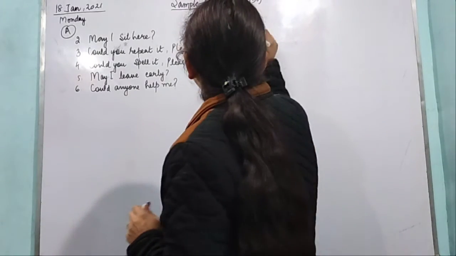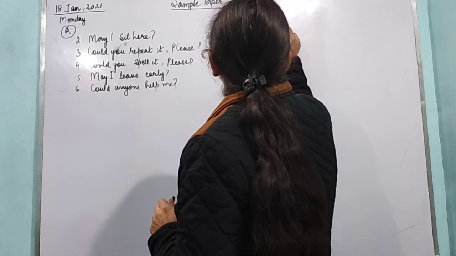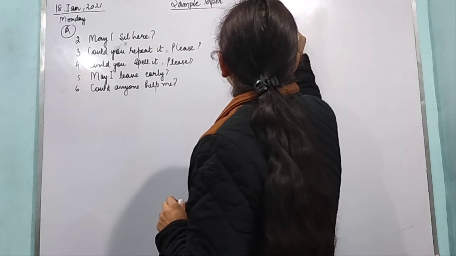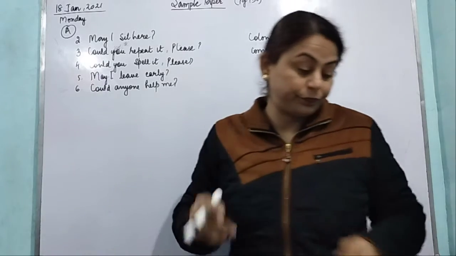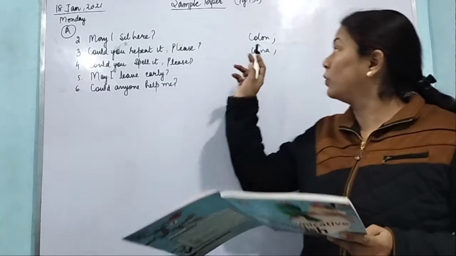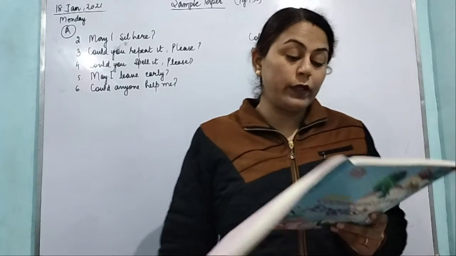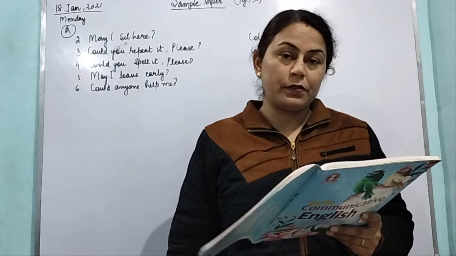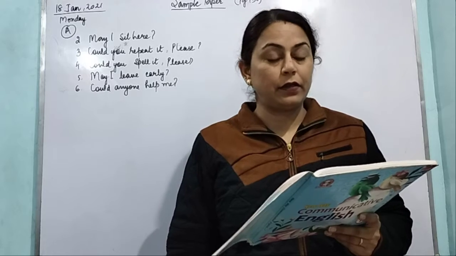Colon is like this and comma is this. So get these things, colon, books, comma, pens, comma, papers, comma, pencils and crayons.